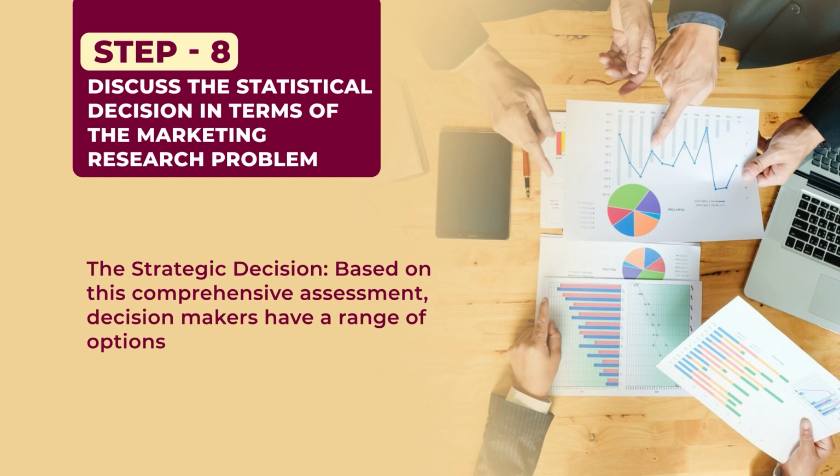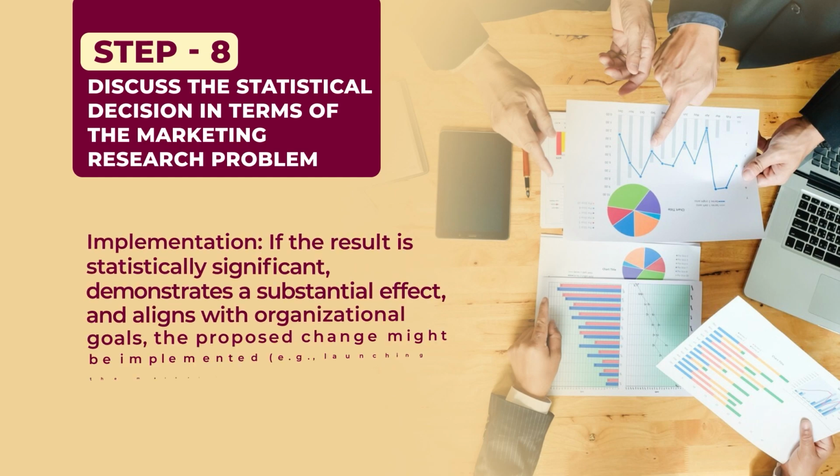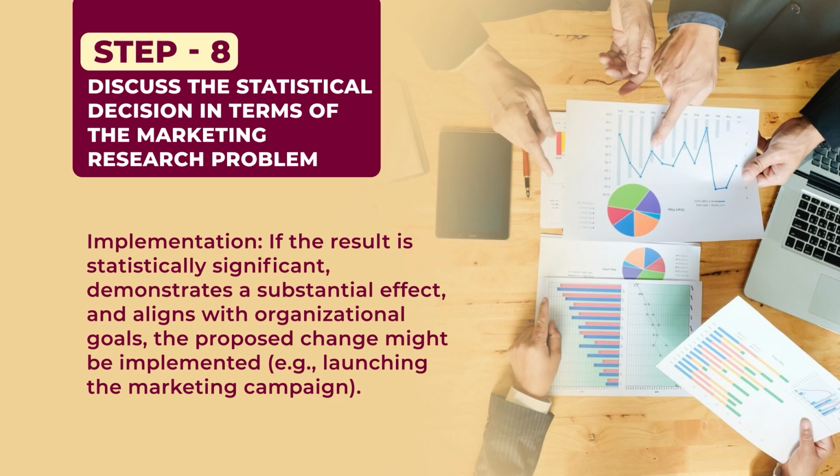Based on this comprehensive assessment, decision makers have a range of options. First option, they can implement. If the result is statistically significant, demonstrates a substantial effect, and aligns with organizational goals, the proposed change might be implemented, for example, launching the marketing campaign.